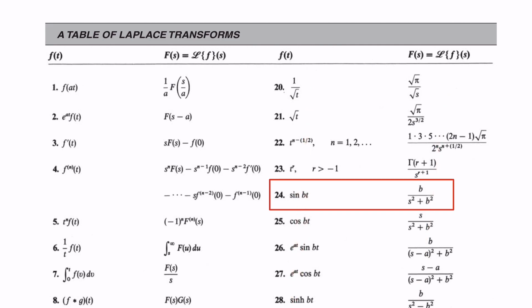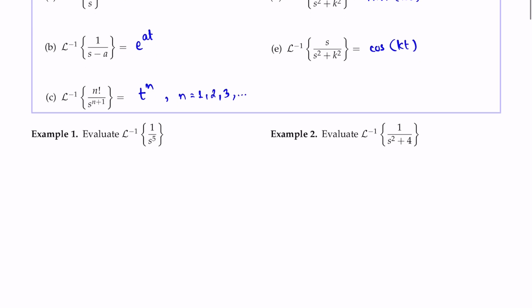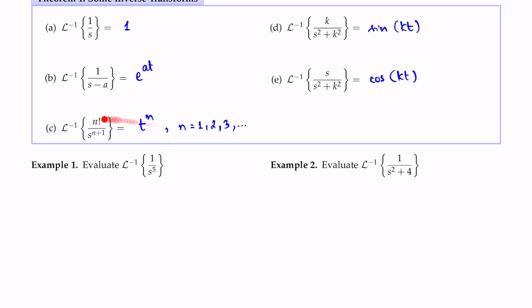Let's do some calculations. In example 1, you have the inverse Laplace transform of 1 over s to the 5th power. And you're going to see if you can use one of the inverse Laplace transforms in the table or not. You can go to the table, or you can just use one of the formulas here.